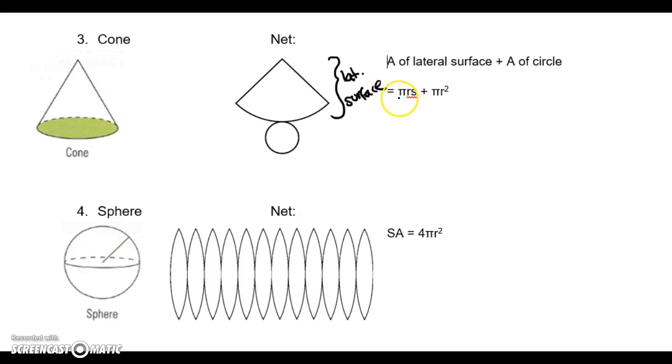You would find that by taking pi times r times s. Your r is your radius, so you'd be looking at the radius of your small circle, or the base. And your s is your slant height, which is this length right here. Then to find the area of your circle, that is pi r squared. So once again, you're just looking at that radius.